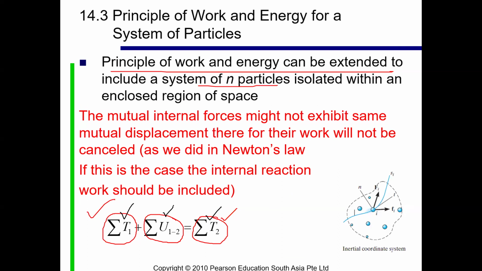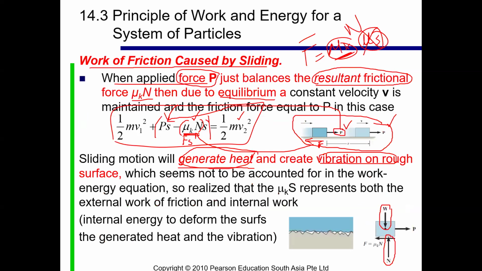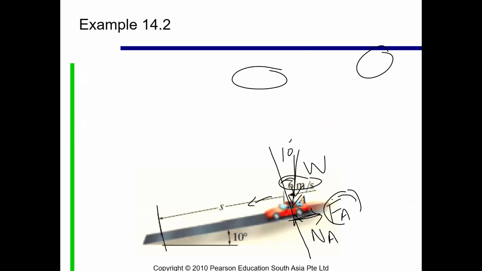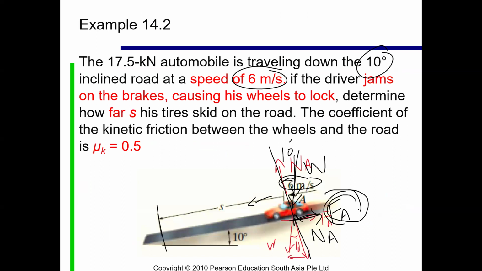How many forces are present in the middle part here? If you see, there is a frictional force present right here. How can I calculate the friction force? Friction force is equal to mu_k times N, right?